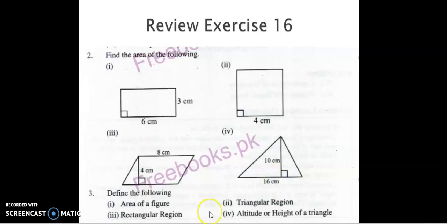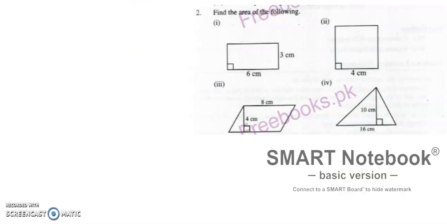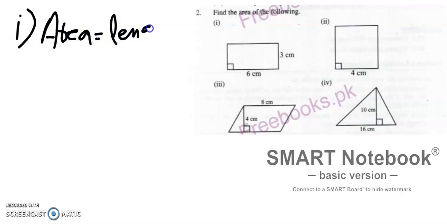Okay, so moving on, we are going to solve the very first part of this review exercise, that is find the area of the following figure. So first of all, in part number 1, area will be equal to length multiplied by width.